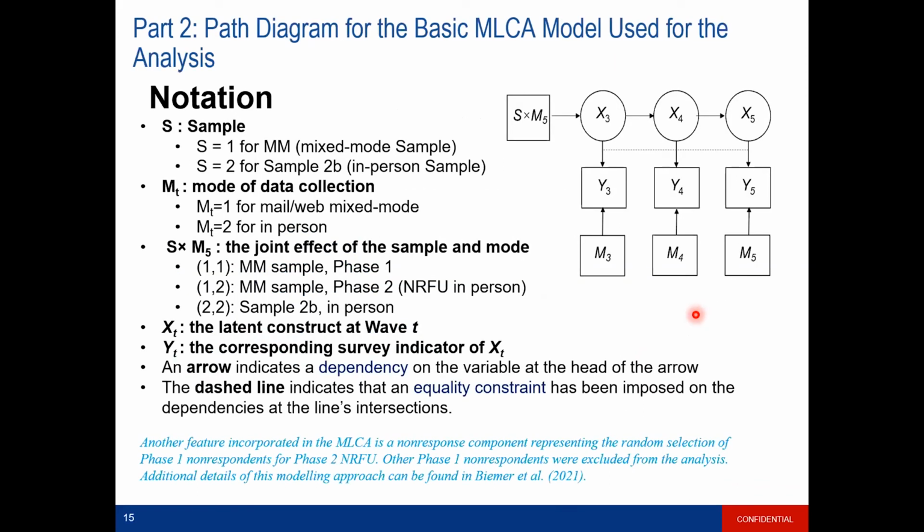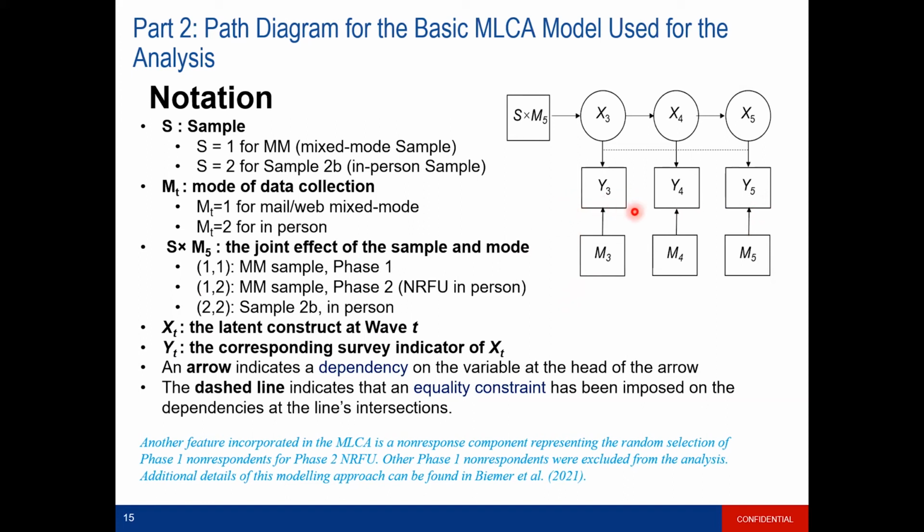So when we are discussing about Markov latent class analysis, there are always a path diagram. So here is our diagram for the model that we're doing for this analysis. As you can see here, let me just use feel sad as a variable here. So the Y actually is the variable that we collected from different wave.